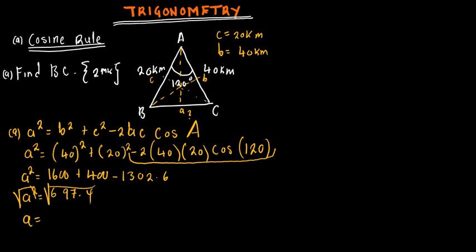What are we going to get? We are getting 26.4 kilometers. You see, this is how simple the cosine rule is. It's very, very simple to do.